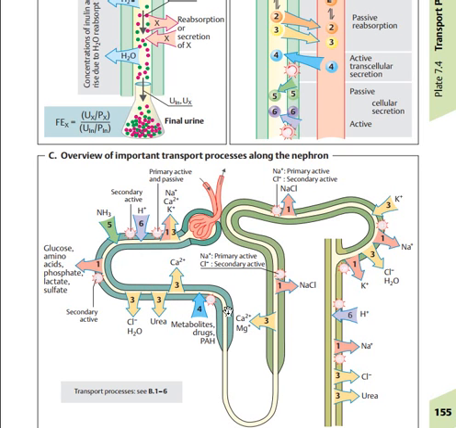Now it descends here, and you are going to have reabsorption of water in the descending limb. In the ascending limb, you are going to have reabsorption of salt via primary active transport and secondary active transport. And up here in the distal convoluted tubules, you have primary and secondary active transport acting.